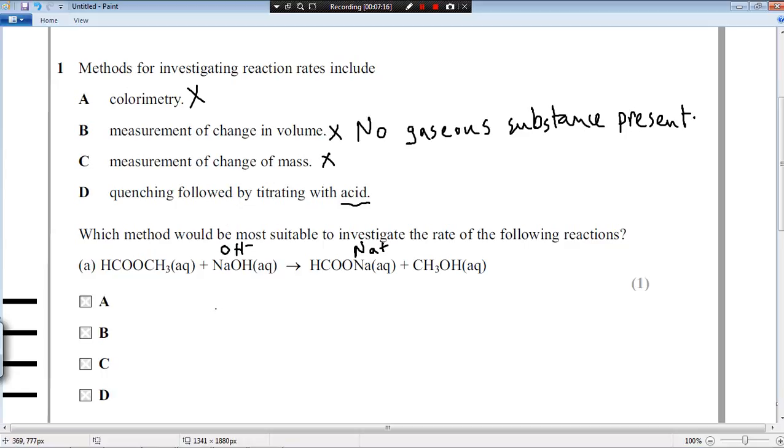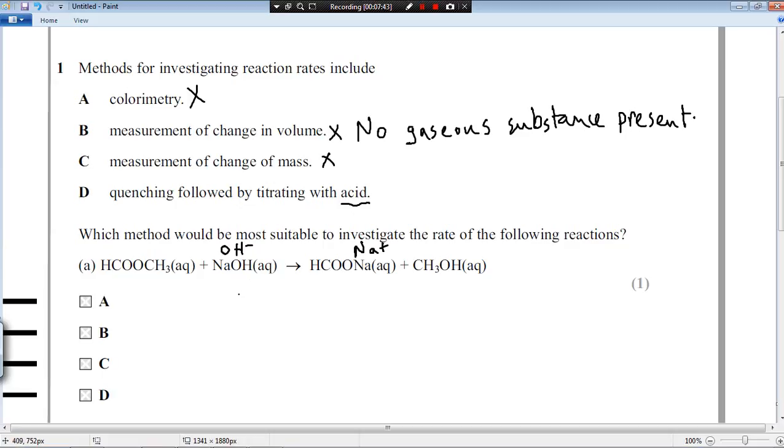Hydroxide ion is present over here, so we can quench it, we can remove hydroxide ion so that no more reaction occurs, by reacting it with acid. And then the remaining part we can titrate with the acid.